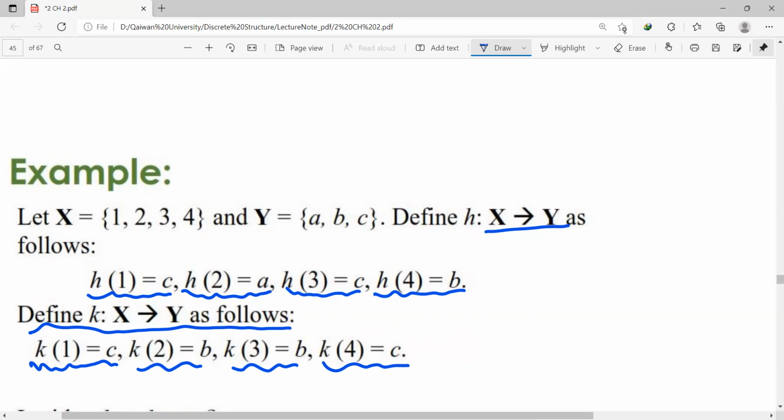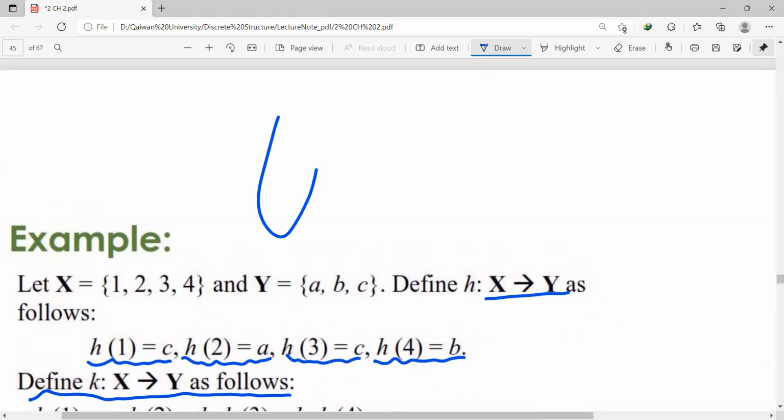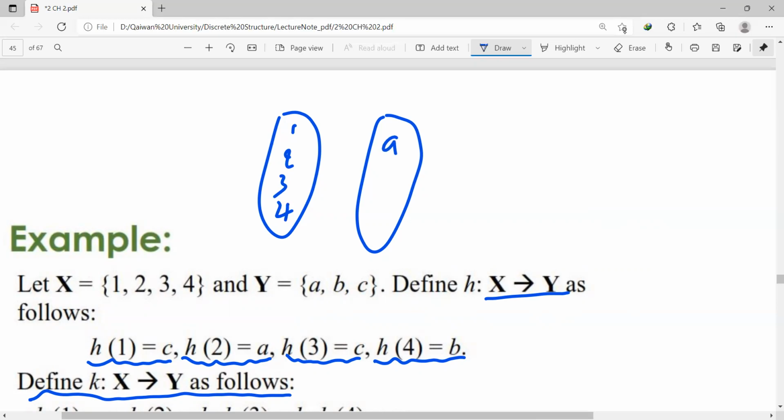Let's first draw the diagram for H. X is 1, 2, 3, and 4. Y is A, B, and C. We say the image of this X to Y. What's the image of 1?